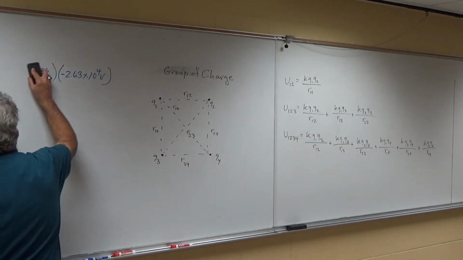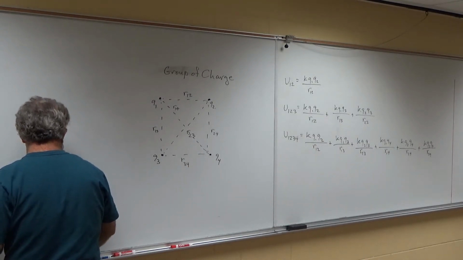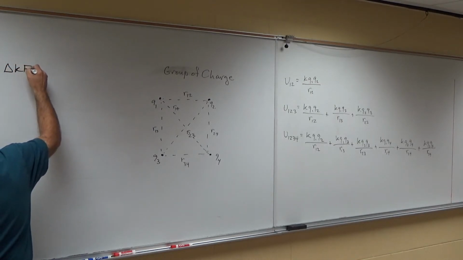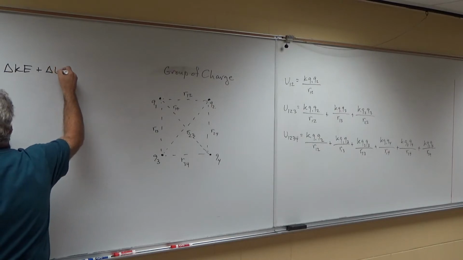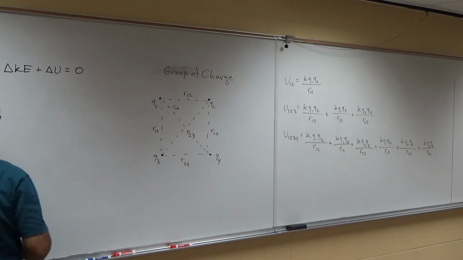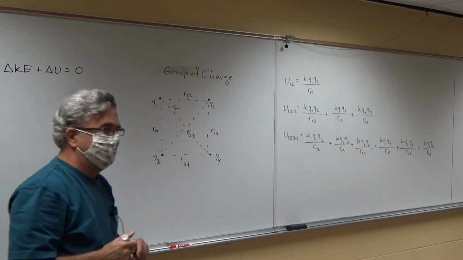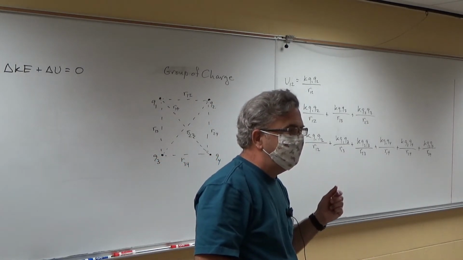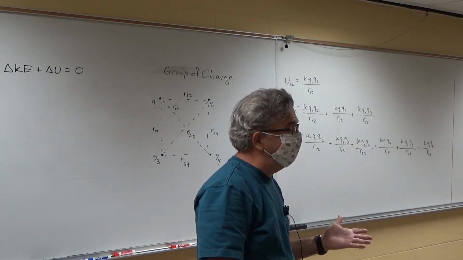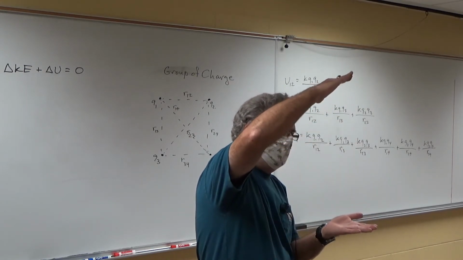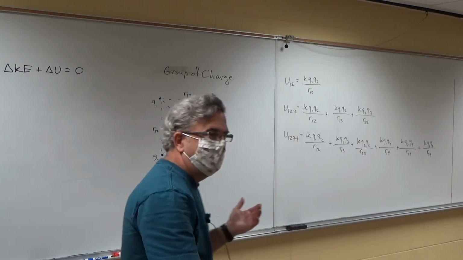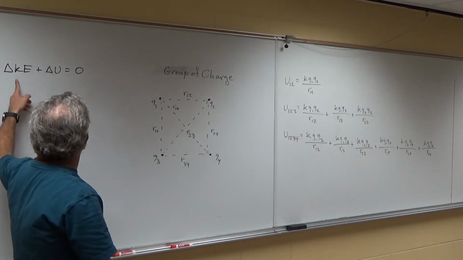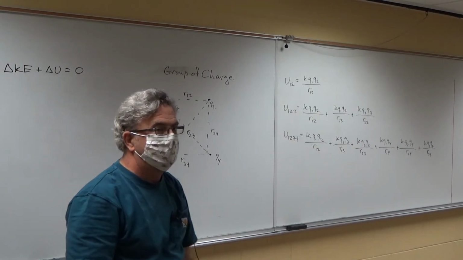Recall that in a conservative system, delta KE plus delta U is equal to 0. That's the change in kinetic energy plus the change in potential energy is equal to 0. This says that if you raise the potential energy, you must lower the kinetic energy. If you lower the potential energy, you're raising the kinetic energy.